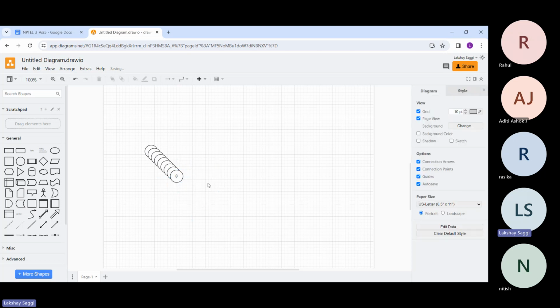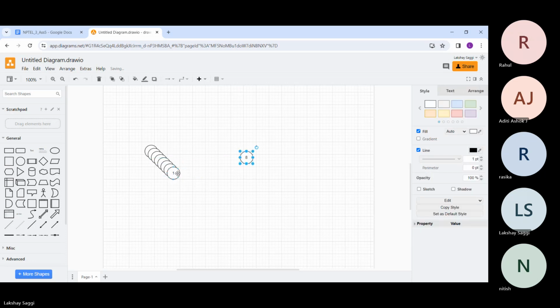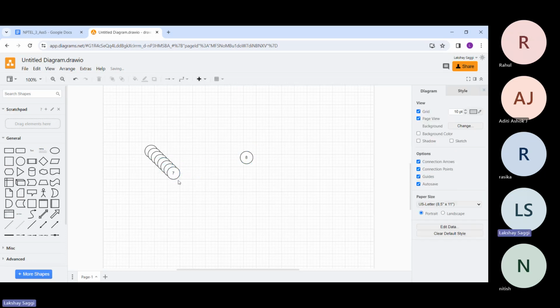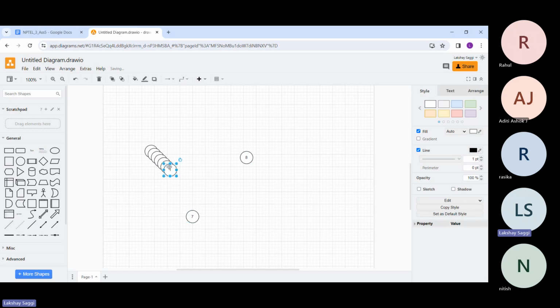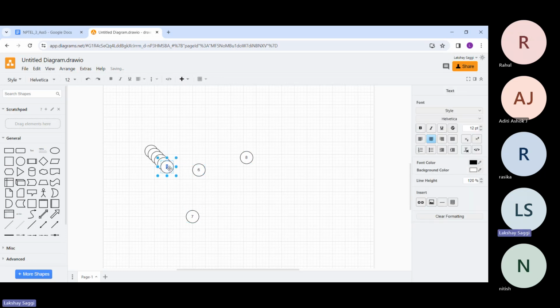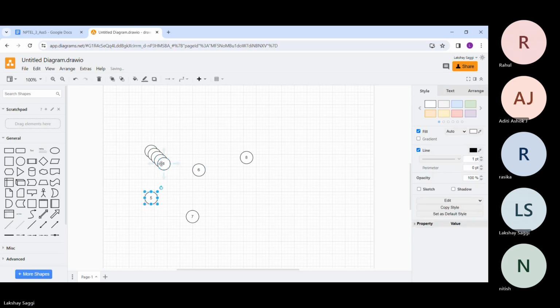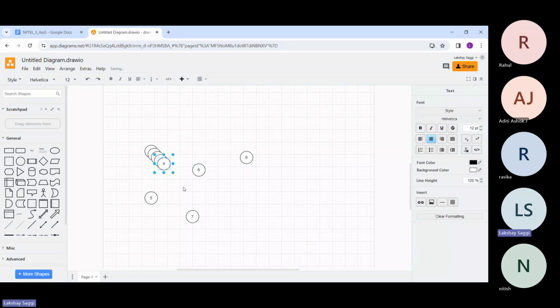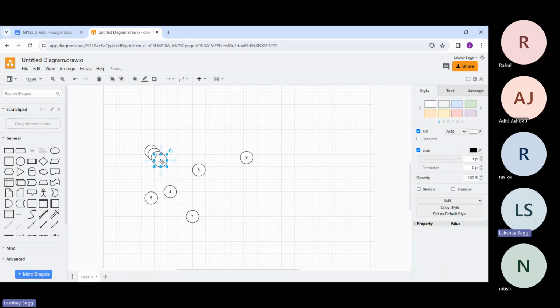So this will be the friend 8. Let's move this here. This will be 7. Let's move this here. This will be 6. This will be 5. What I'm trying to do is construct the graph using the adjacency list first, and then we'll try to visualize the correct answer. So this will be the second friend, and we don't need this.